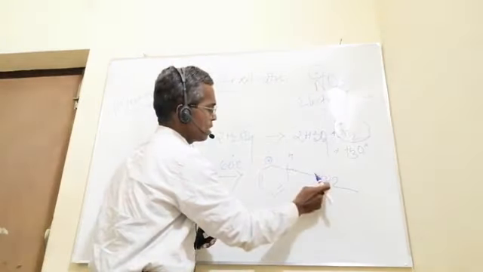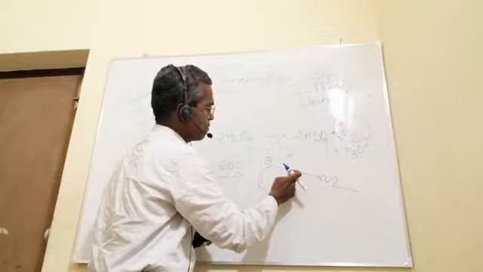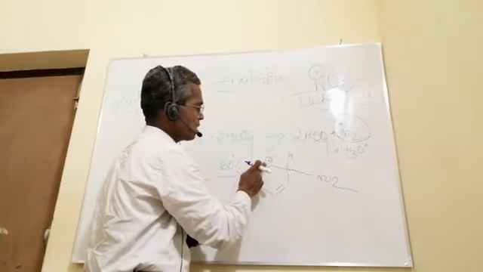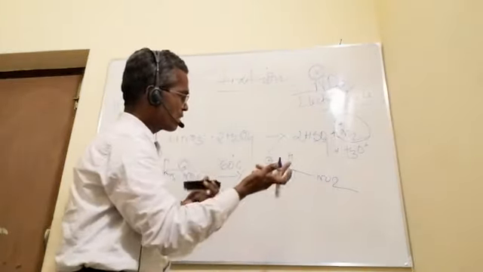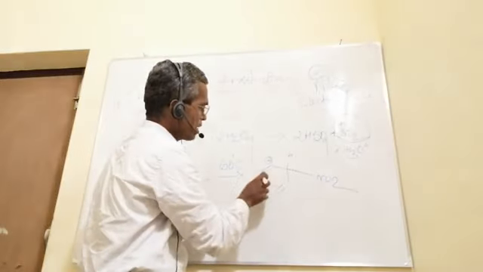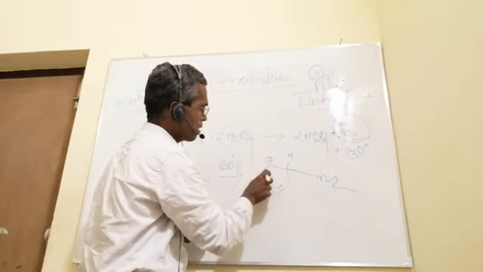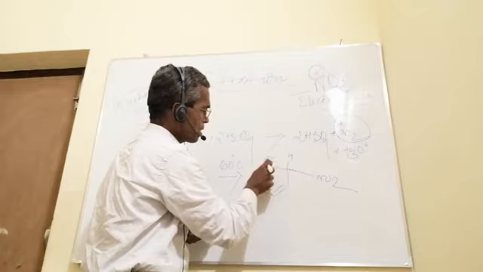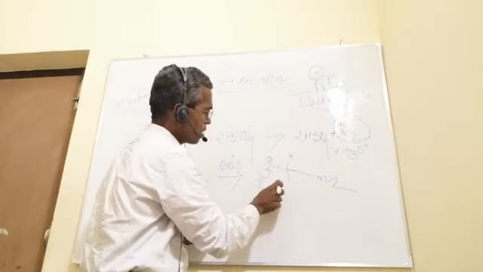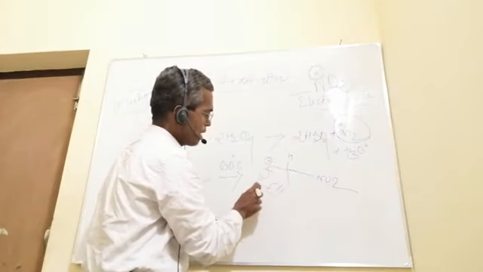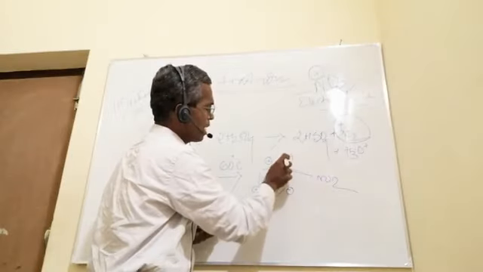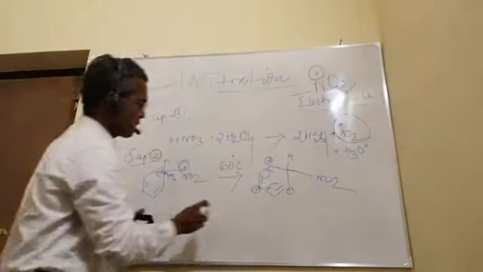As a result, the NO2+ getting connected with this acquires the positive charge. And after this, you know very well that delocalization of pi electrons takes place by movement of this pi electron. This positive comes here, then this moves here. The positive from here moves here, and finally we go to the next step.